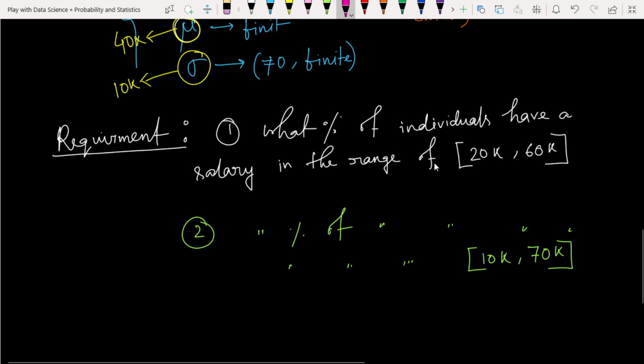This range is like mu, where mu is 40k. 40k minus 2 sigma means 20k, so this is like the range mu minus 2 sigma to mu plus 2 sigma.